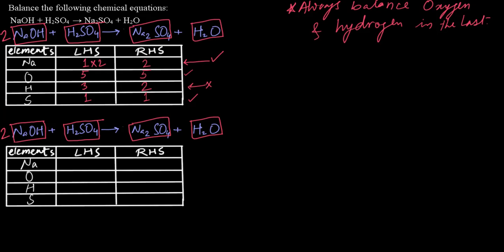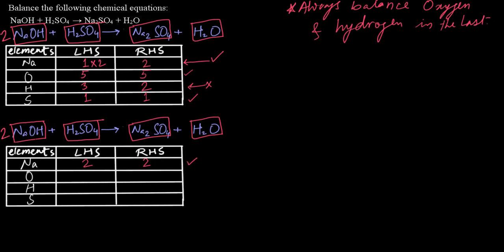Now for sodium, let's count the atoms. We have 2 atoms of sodium on the LHS and 2 on the RHS. So we will just write 2 on the LHS and 2 on the RHS. It is already balanced now.